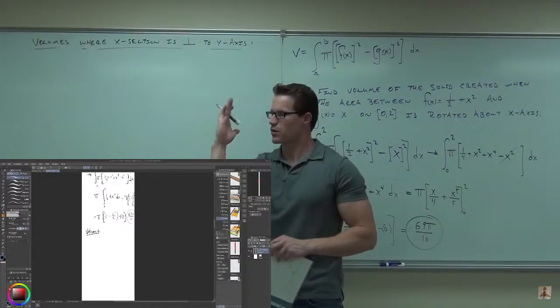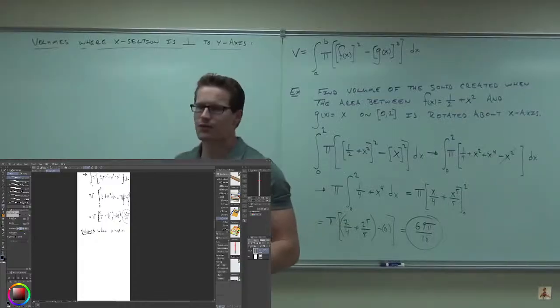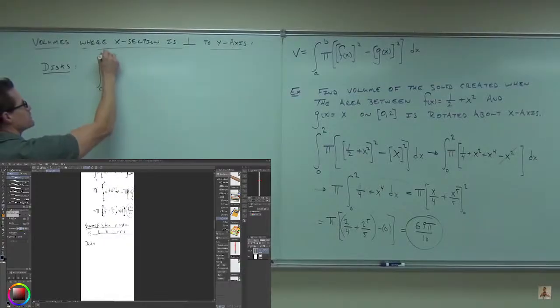Before we had the cross-section perpendicular to the x-axis. That's why we were able to make all those little discs out of it. Here we go this way. Well, the disc method then would end up looking like this. Instead of from A to B, we usually use from C to D for the y-axis. So we go from C to D.